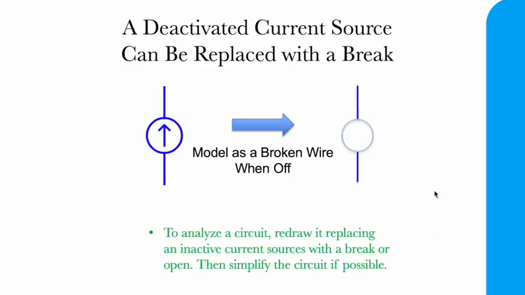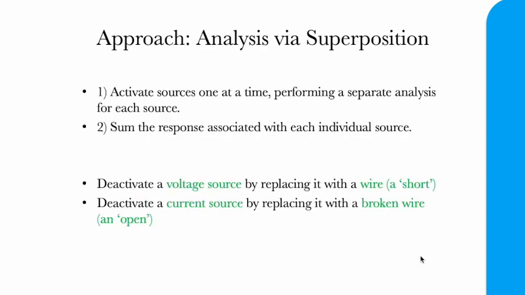This gives us insight as to how to model a current source that is deactivated. We can replace it with a break, or a resistor with an infinite value. So, again, to analyze a circuit with a current source that's off, consider redrawing that source and replacing it with a break or open. Then see if you can simplify the circuit as well.